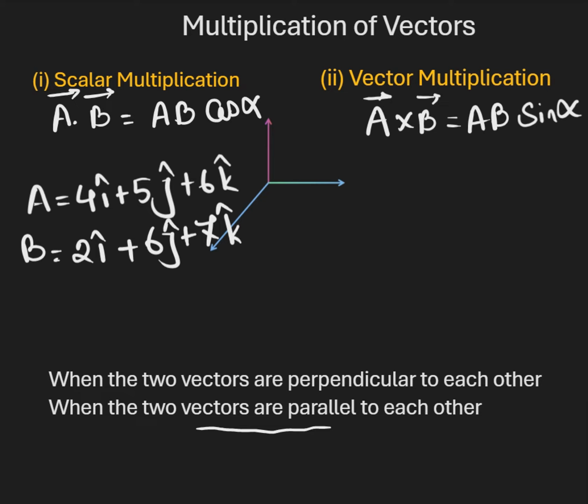Now, how to solve A dot B? It means we have to multiply these two vectors, right?